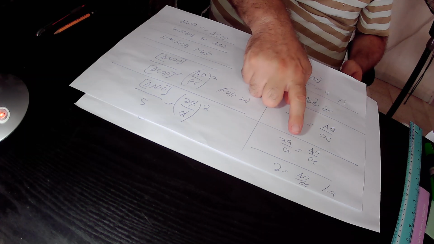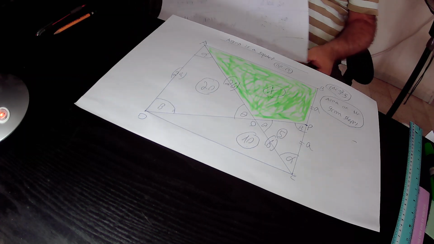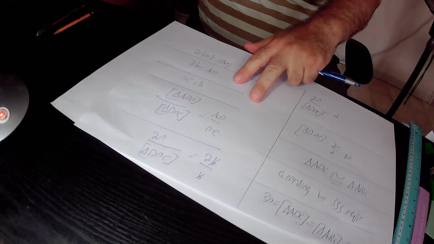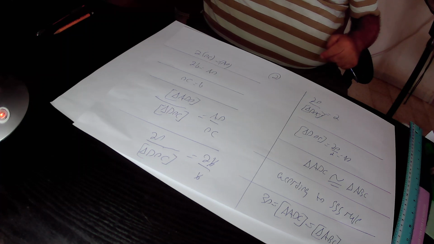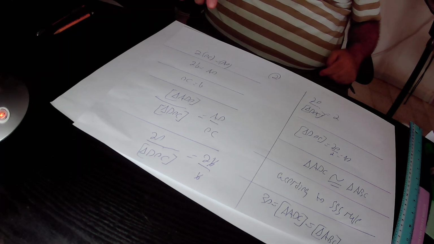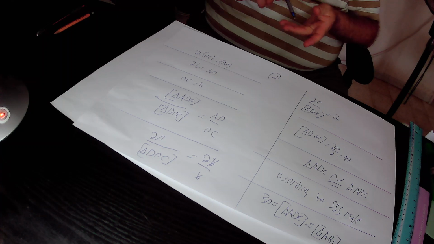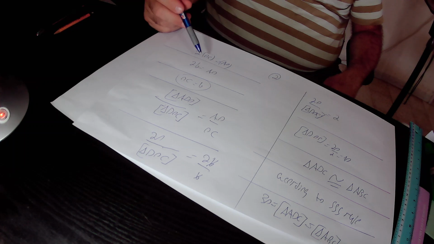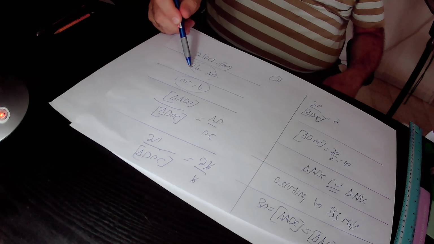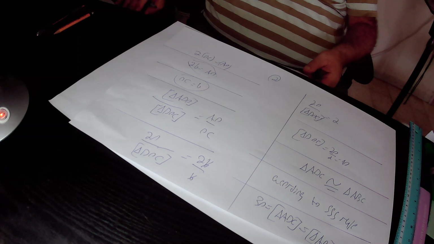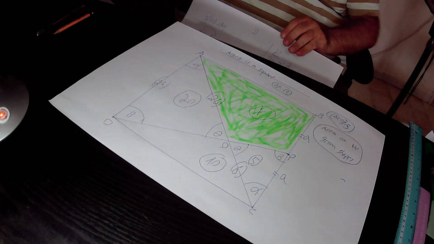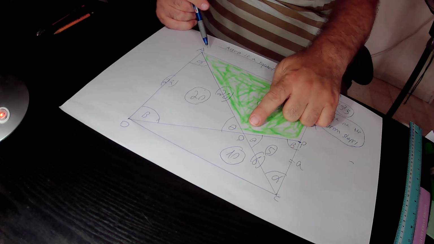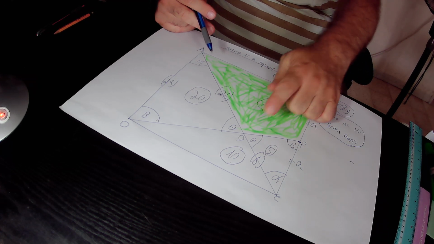Here we multiply this equation by OC and finally find that 2 times OC equals AO. If we define OC as B, then AO equals 2B. So in total, if we define the length of line segment OC as B, then the length of line segment AO will be equal to 2B.